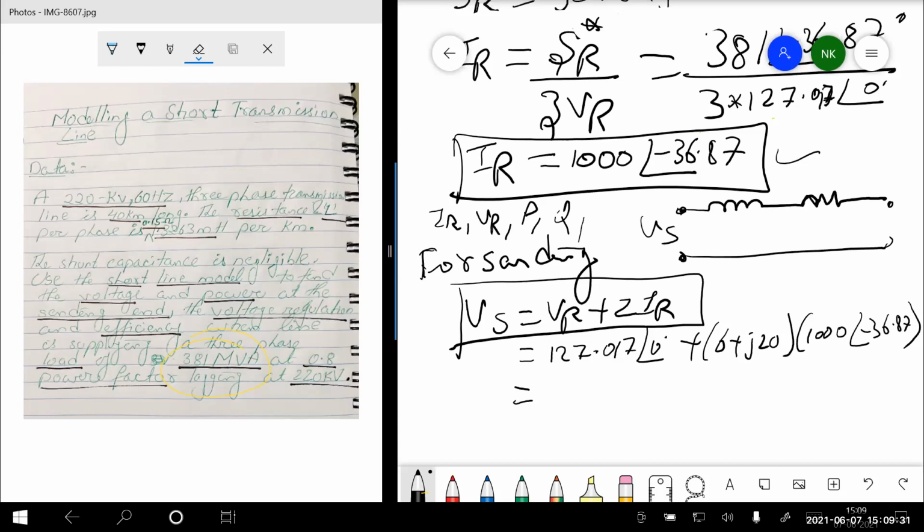This is your VS, this is your VR, so the drop here plus this will give you VS. In a short transmission line it is a simple equation, VS equals VR plus ZIR. This is your Z, this is your current going through. It's nothing new, it's the same thing.